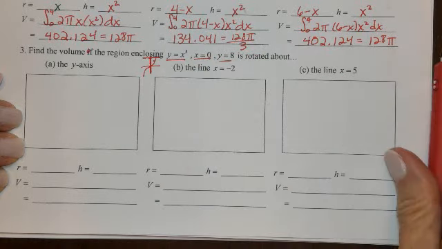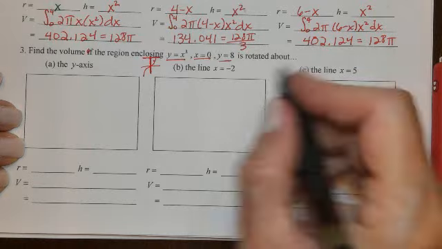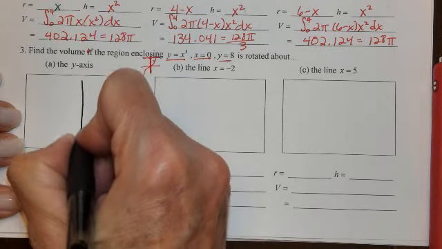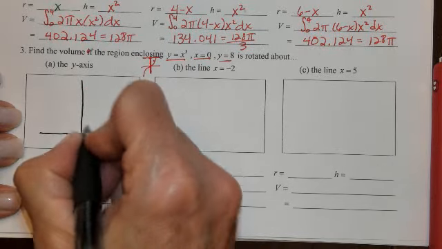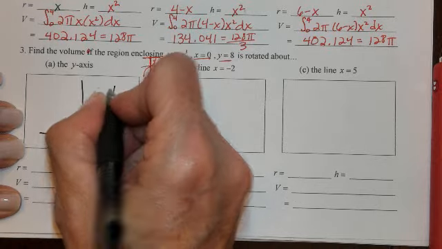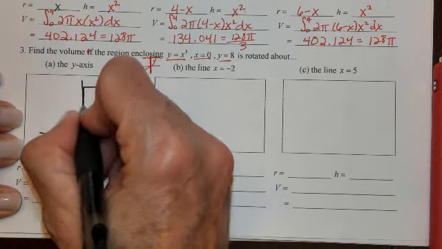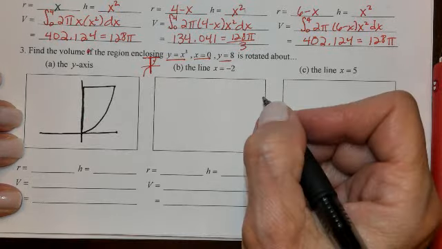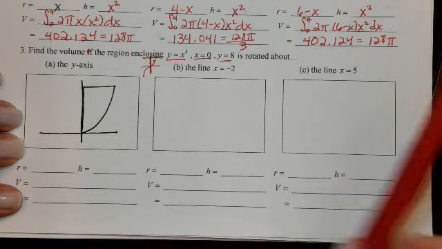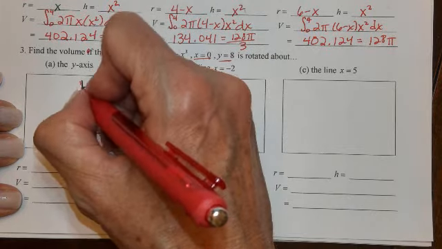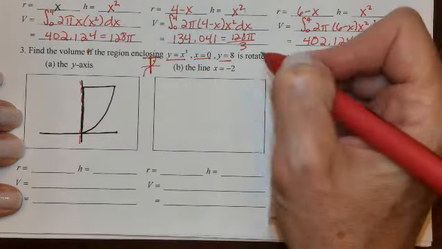So take your time finding that region, otherwise your whole thing is going to be messed up. So when I draw this region, it's going to look something like that. That's the region. We're going to revolve it first around the y-axis.